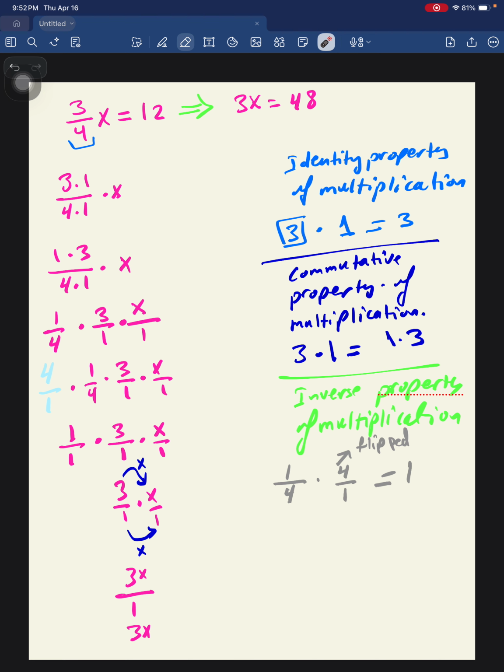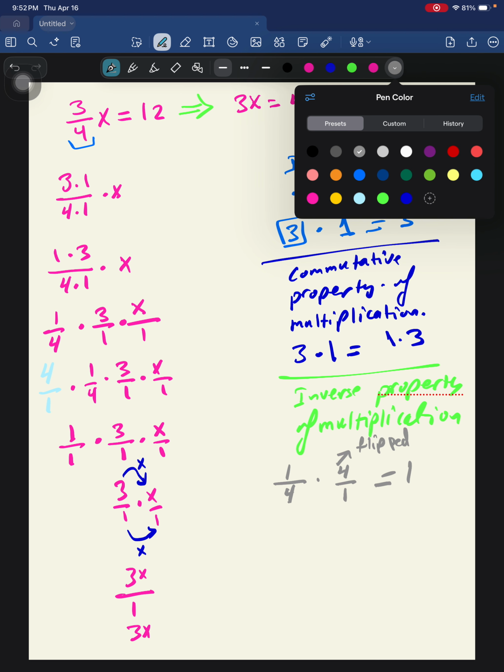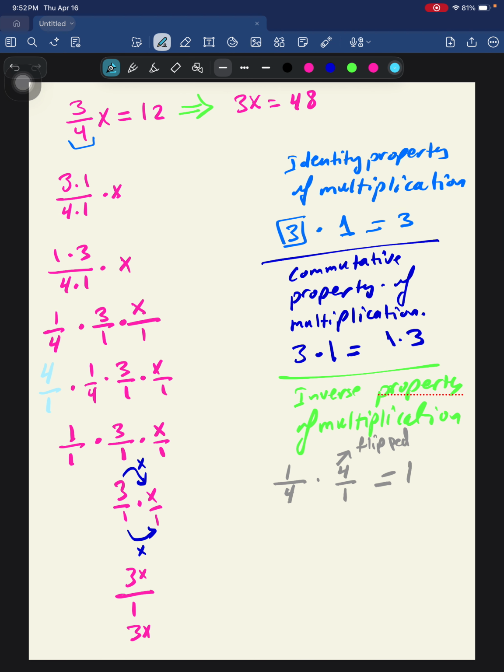The same thing, we now multiply the 12 by the 4, and we end up with 48.